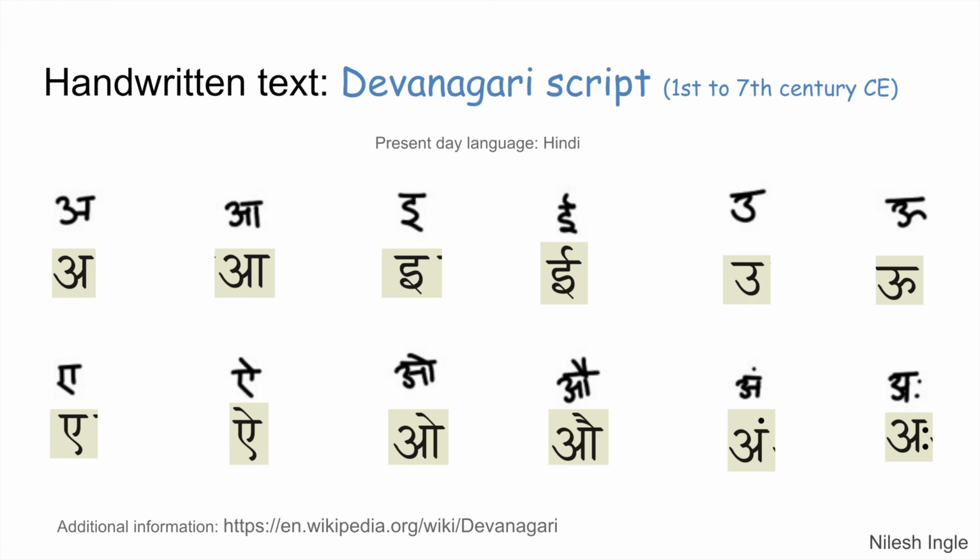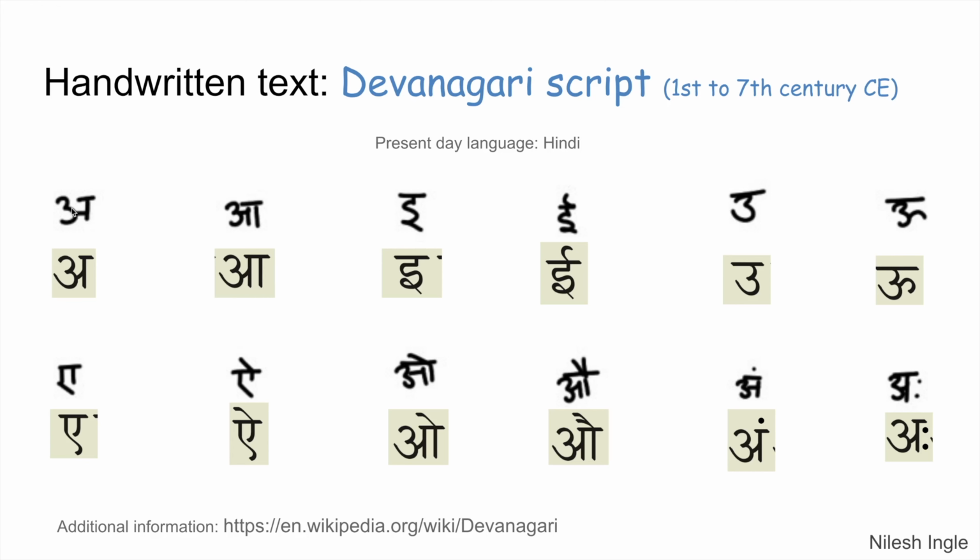So the idea of the video is to classify images that are handwritten text images. In this video, I've selected the Devanagari script, which is used in the present day Hindi language.